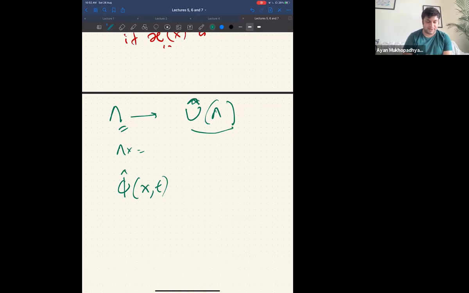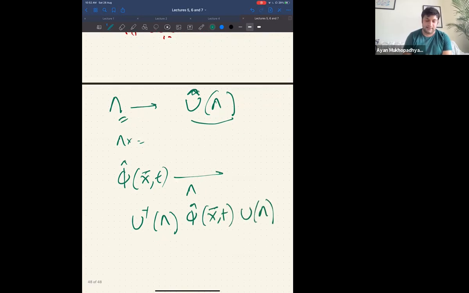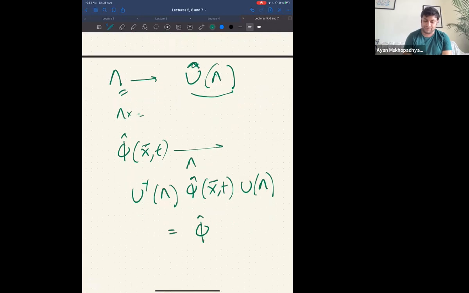Its transformation under lambda would be simply U dagger(lambda) phi hat(x,t) U(lambda), and this will be exactly equal to phi hat prime(lambda x). So this is exactly what I mean by Lorentz invariance of the operator. Okay.